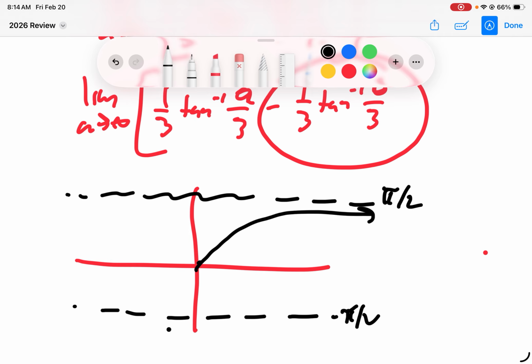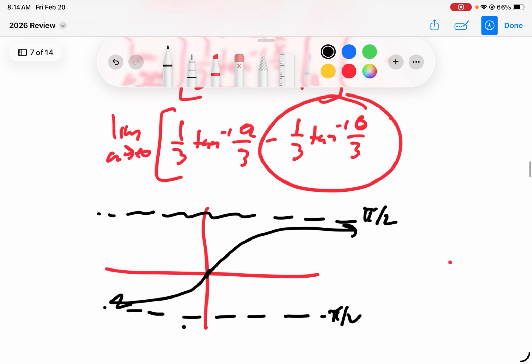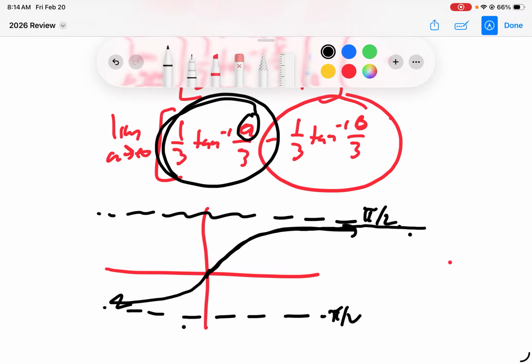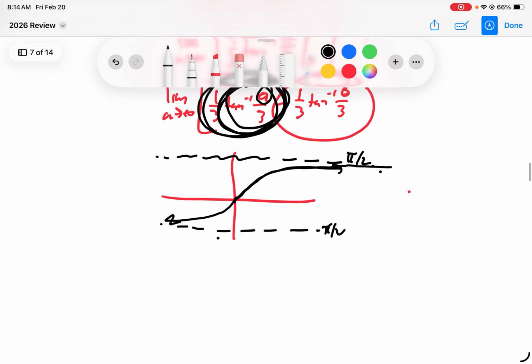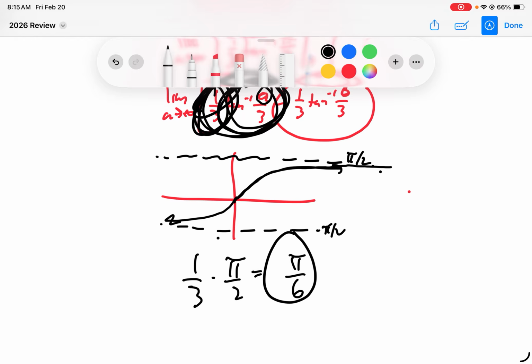That's tangent inverse. So the limit as I plug in huge values of a, even if I divide them by 3, they still get huger and huger. So the limit of this part is just pi over 2. But it's 1/3 of that because it's 1/3 right here. So this would be pi over 6. Answer. So it converges. If I got the limit was infinity, then the limit diverges.